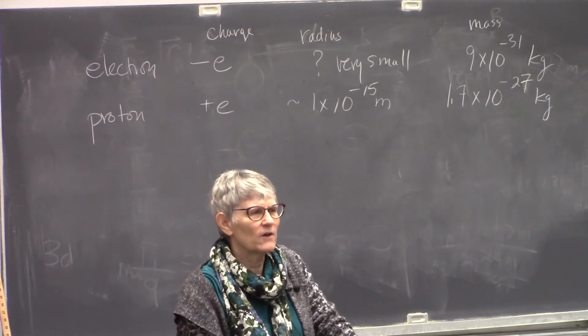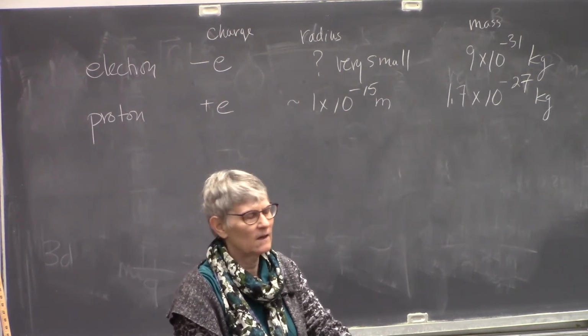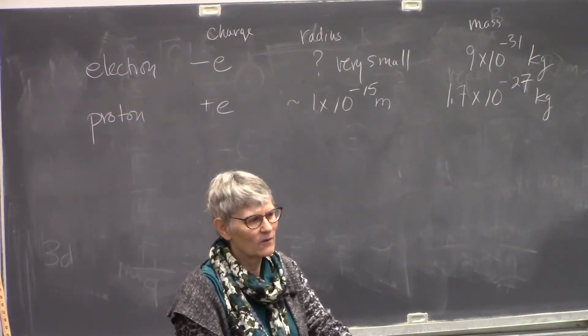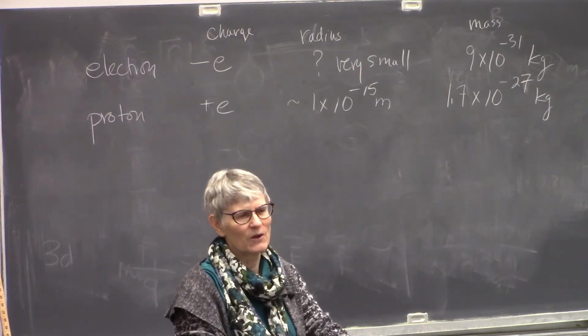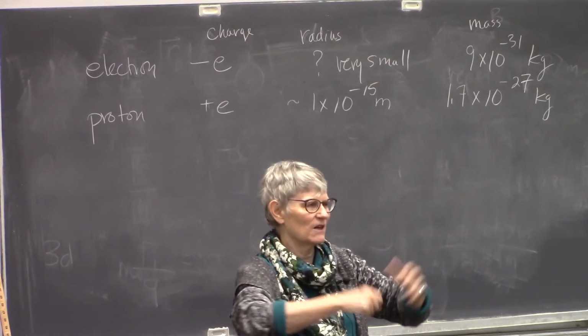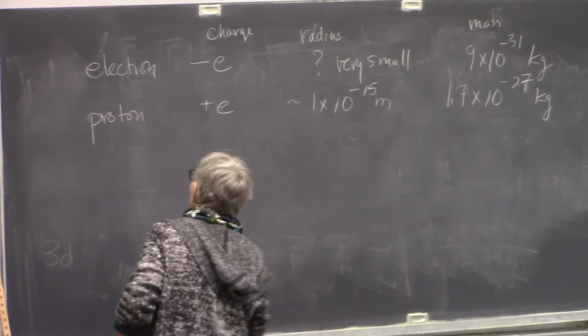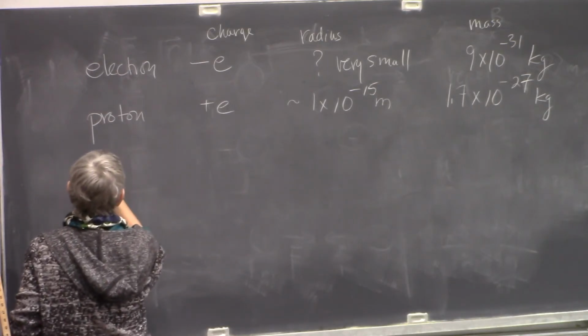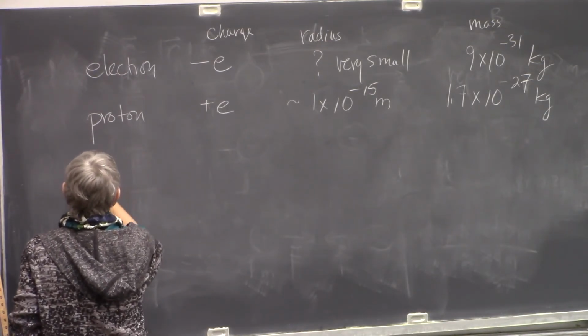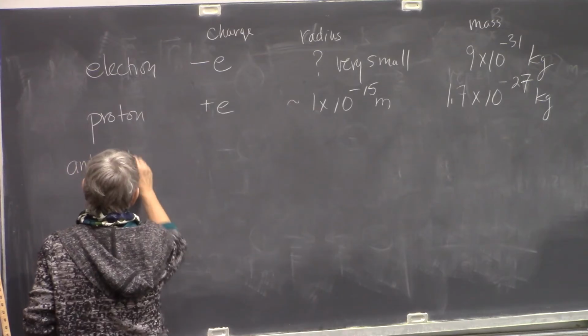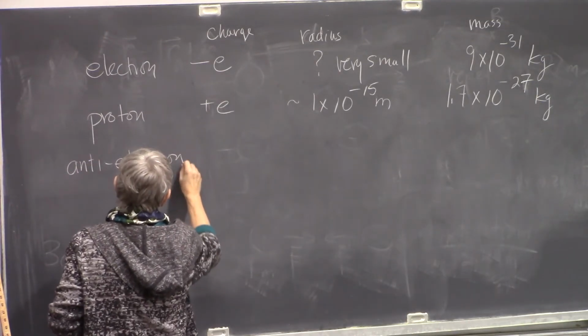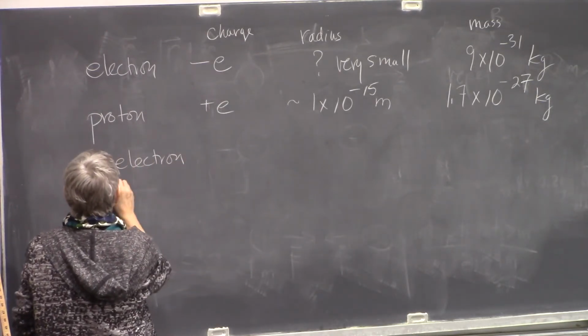Now, you've probably heard of antimatter, and there's a little bit of it floating around, not a lot, because every time it gets near ordinary matter it reacts and they annihilate each other. But we can make anti-electrons in accelerators. They also are called positrons.